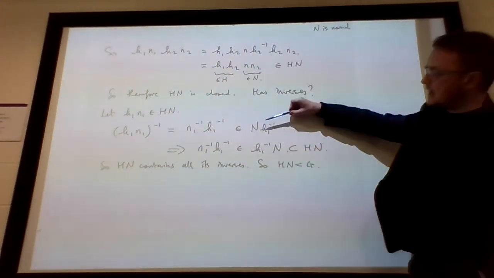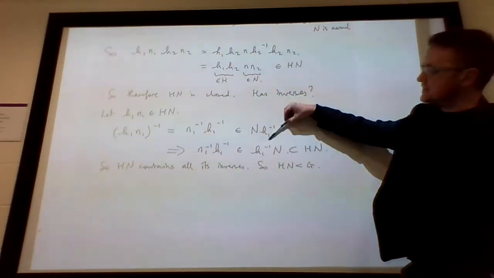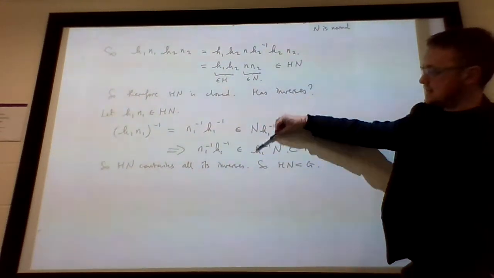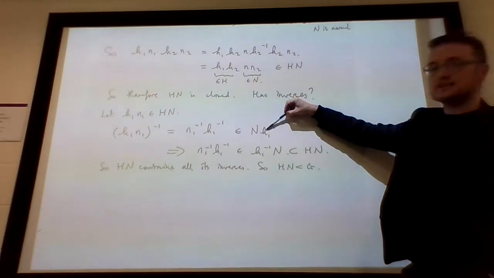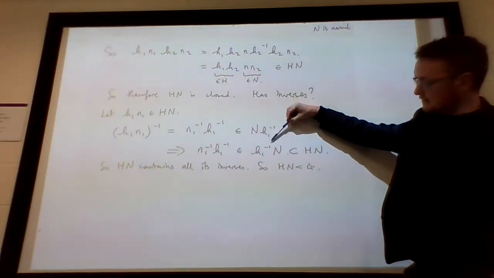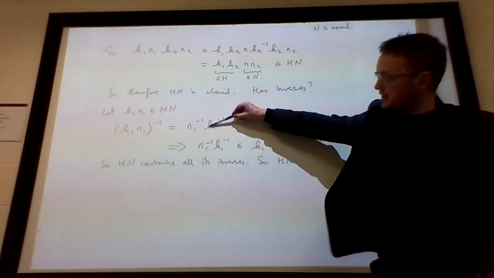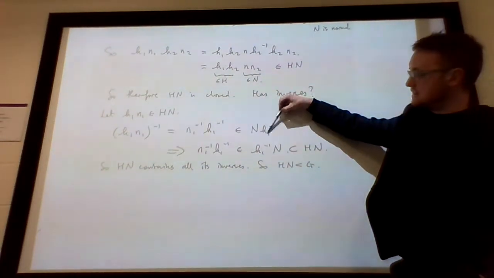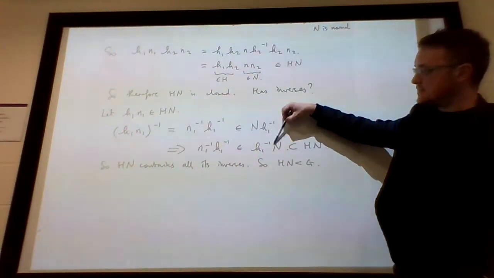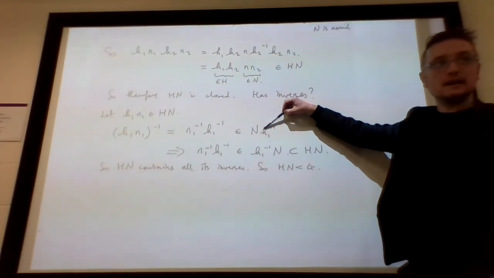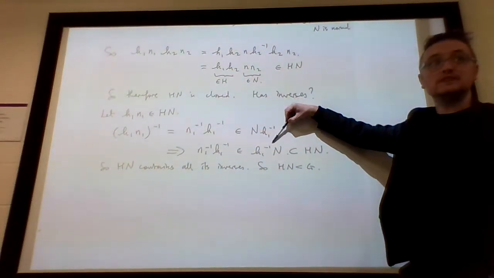So I needed to use normality here to know that this subset is the same as this subset. This is a certain right coset of N. And here I was making use of the fact that, now I know this is in there, but because N is normal, this left coset is the same subset as that. So we were using normality here.